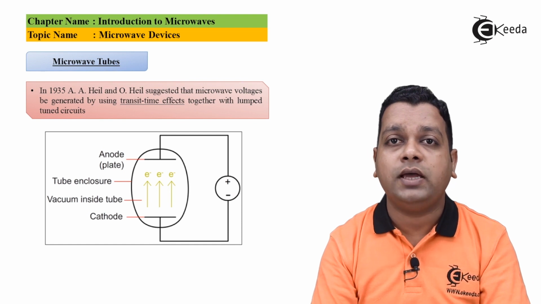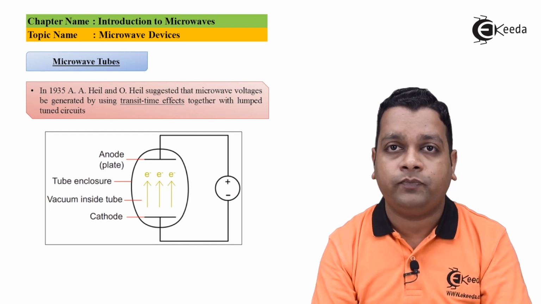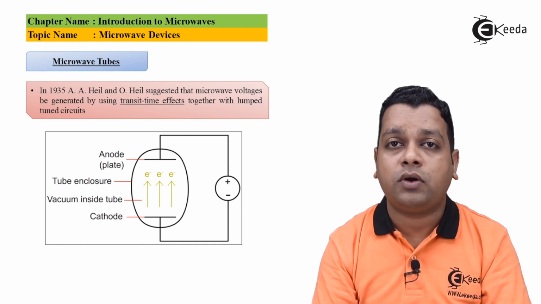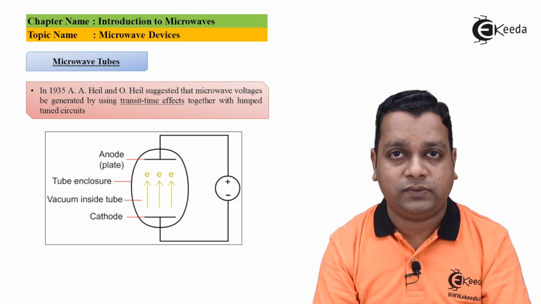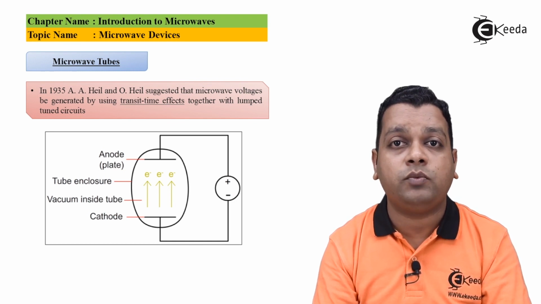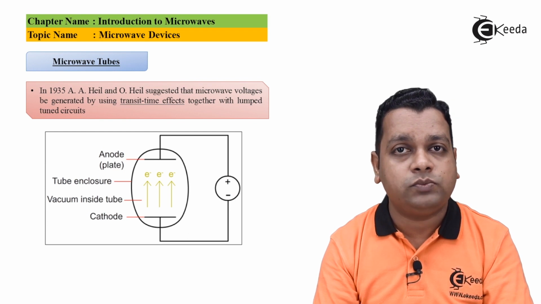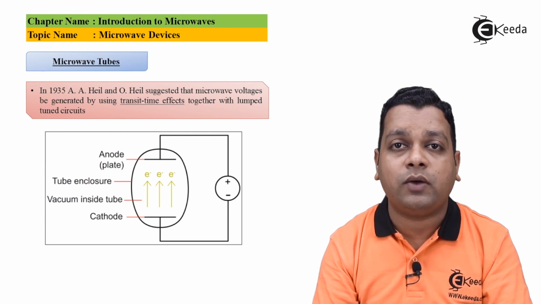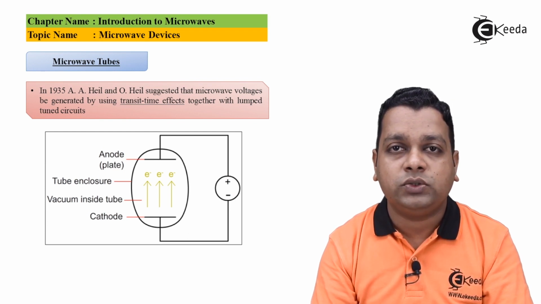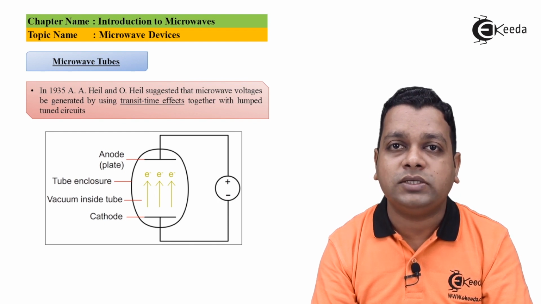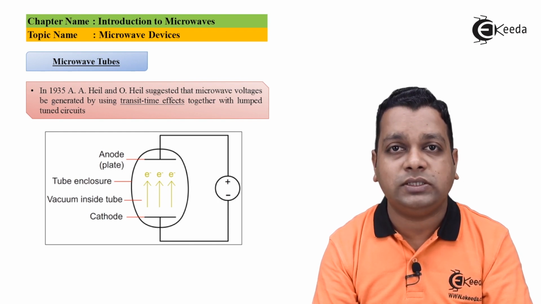If the size of the device is big, the electron has to travel a longer distance. If the size of the vacuum tube diode is small, it has to travel a smaller distance. So you can see that the transit time is changed, but the operation is the same.